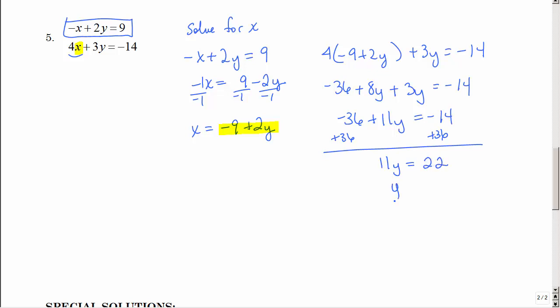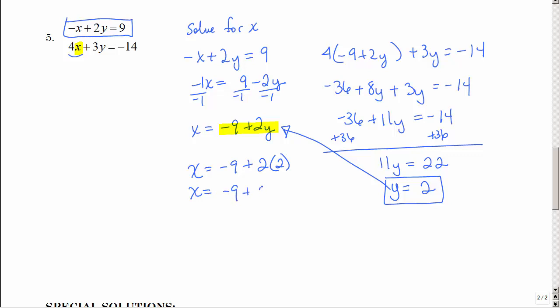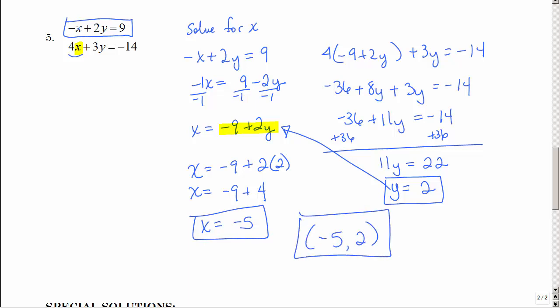Oh, that kind of came out nice, huh? So y is 2. Not done. Go back to where you started and substitute in your answer. Do the arithmetic. And my ordered pair is x and then y. Again, check them, see if they work in both equations.